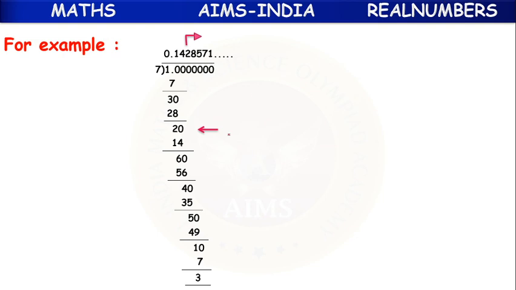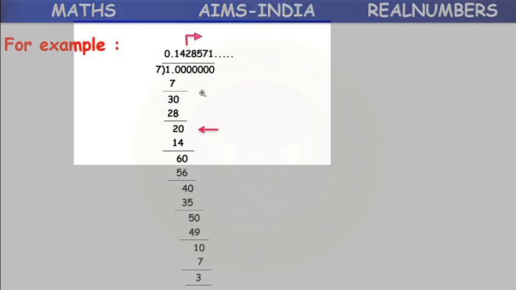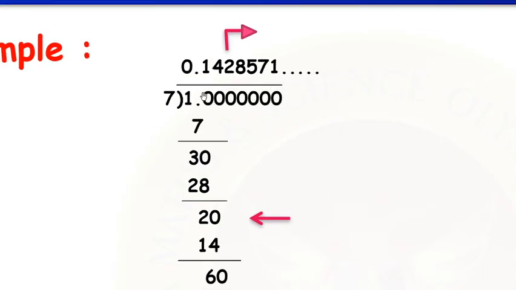Suppose here, let's magnify this part, children. So 1 by 7 means we have to divide 1 with 7. We can take 0 point.